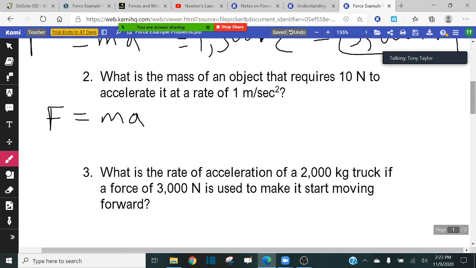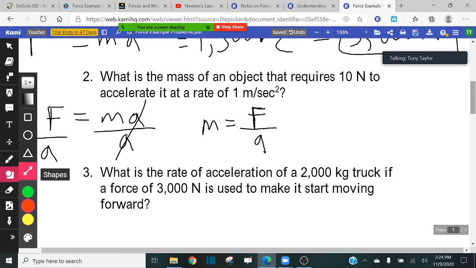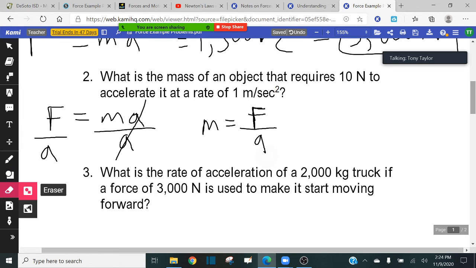So if I take this equation, rearrange it, to get mass by itself, I'm going to divide by acceleration on the right-hand side of the equal sign. And remember, whatever I do to one side of the equal sign, I have to do to the other. So here I'm going to also divide by acceleration. So that means when I do that, mass is equivalent to force divided by acceleration.